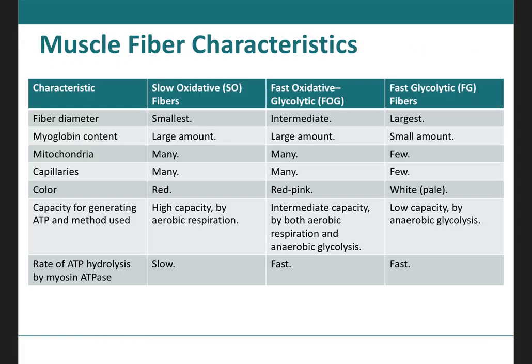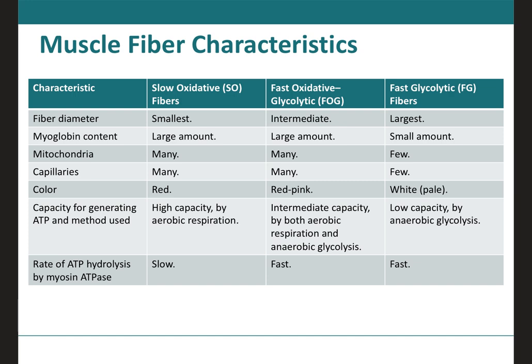I like this table because it summarizes all the different characteristics of each of the fiber muscles, and there's one on this slide and one on the next slide, and this allows you to understand how the fibers function according to their characteristics.